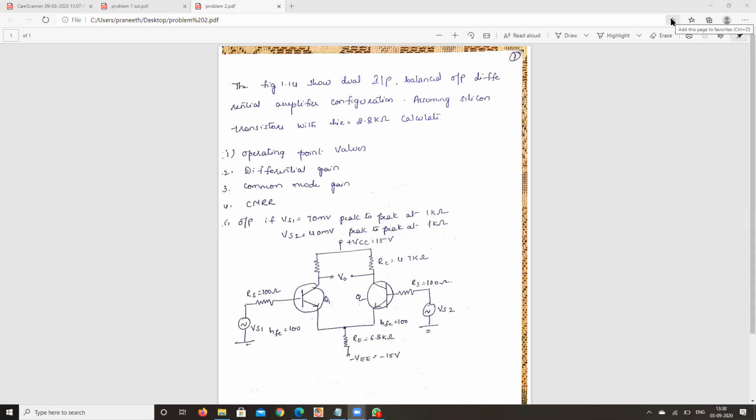Here in the figure, it was clear your collector resistance is given as 4.7 kilo ohms and emitter resistance is given as 6.8 kilo ohms. VCC is 15 volts, VEE is minus 15 volts, and VBE is 0.7. So first of all, calculate your operating point values, that means your ICQ and VCQ. Just don't worry about the remaining parameters. First calculate that.